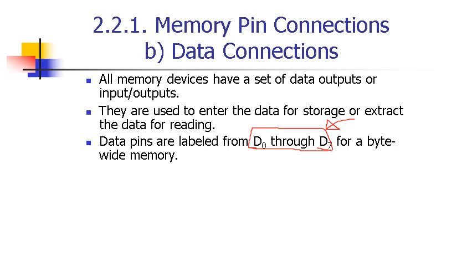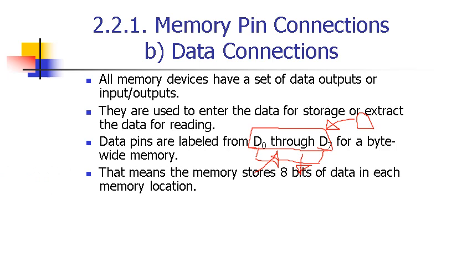So you have to provide an address for each and every byte. D0 to D7 is a byte of memory. It has to have some address to get these D0 through D7 out of the memory, or to write a byte inside your memory from D0 to D7, which again indicates that memory is byte addressable.